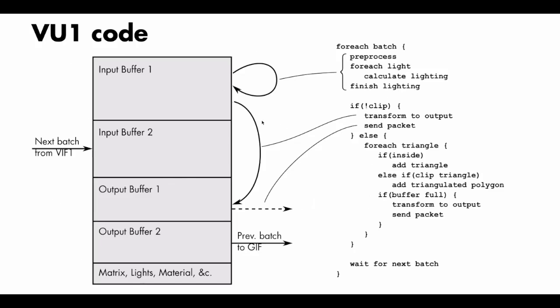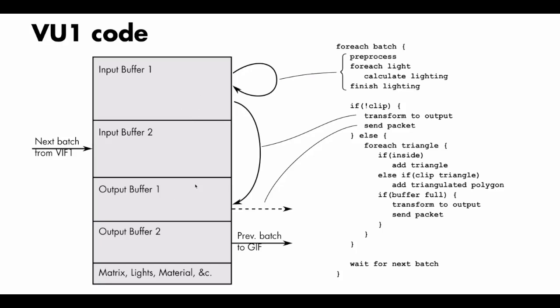We transform this input to the output essentially by multiplying with the big matrix, the model view projection matrix, and also we do the perspective divide. And once that's done, we just send the packet, and it will be drawn by the graphics synthesizer. In the clipping path, it's a bit more complex, but let's not get into that here.